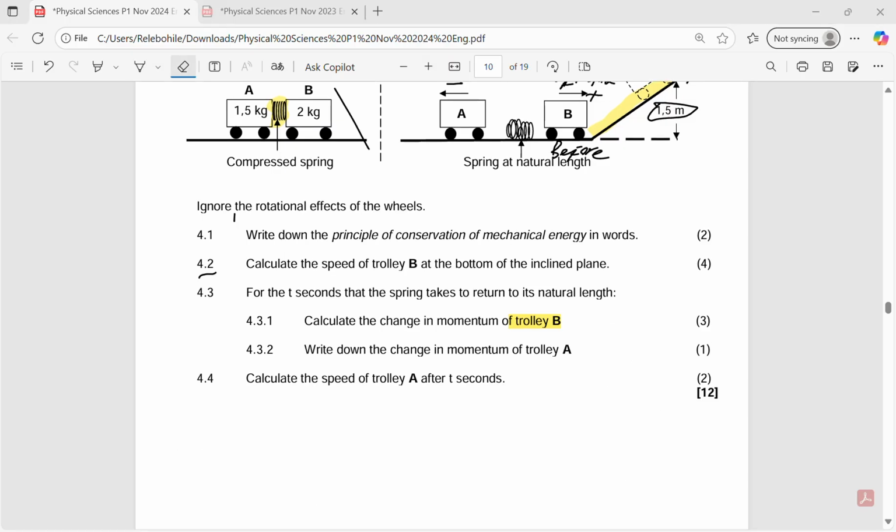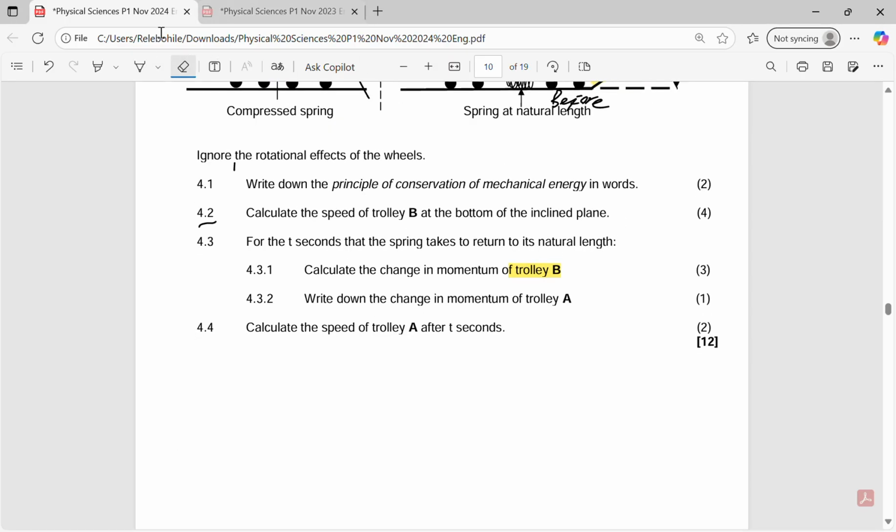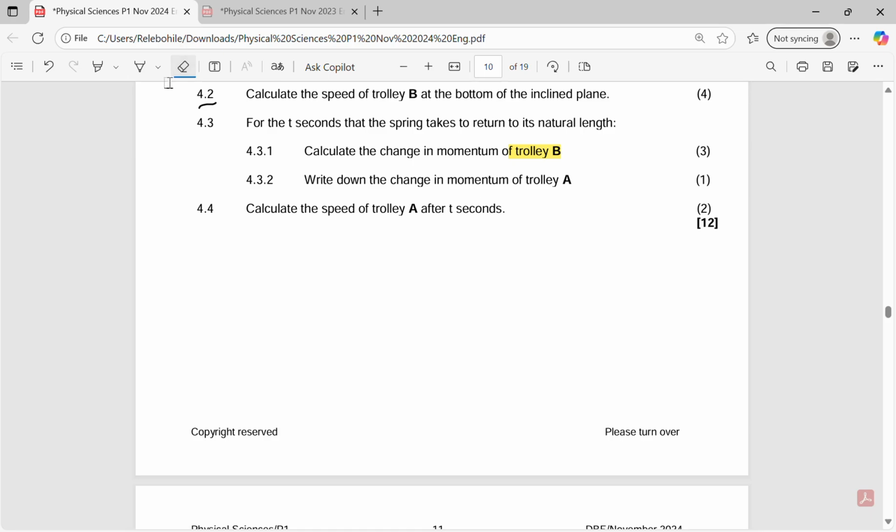So guys, to answer this question, we are going to look at this keyword here, after t seconds. The main word I'm looking for is after. When they say after, that means they want us to find the speed, which is the final velocity here, guys.